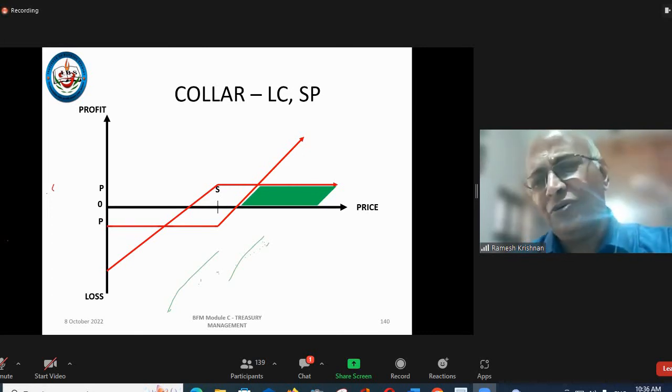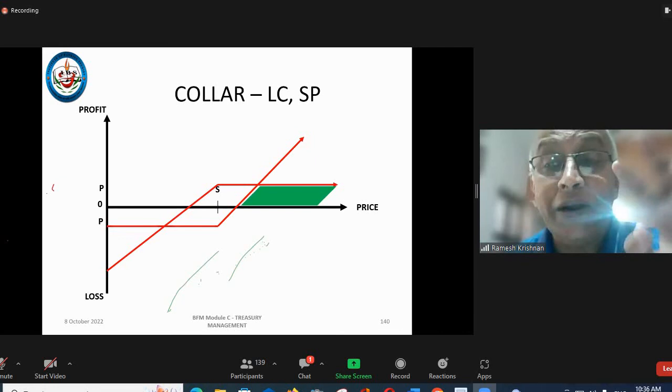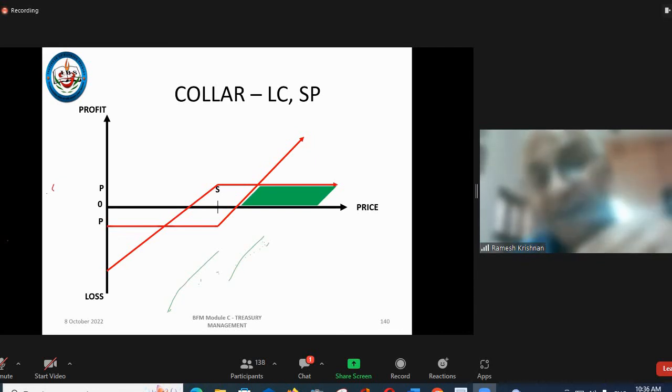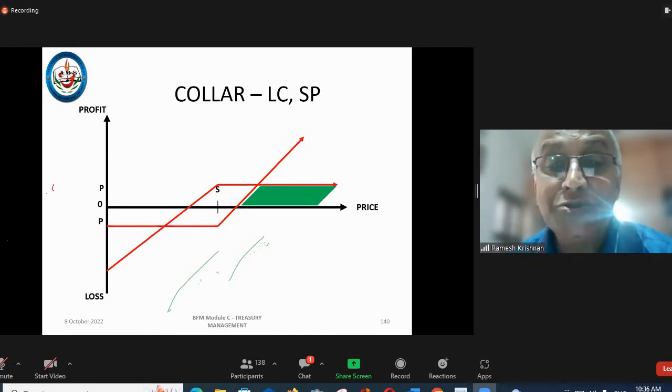Don't break your head. Somebody asked, what is the strategy? Through a combination of a call and a put, you can get an assured return of this green trapezium. So that is what the customers do through collars.